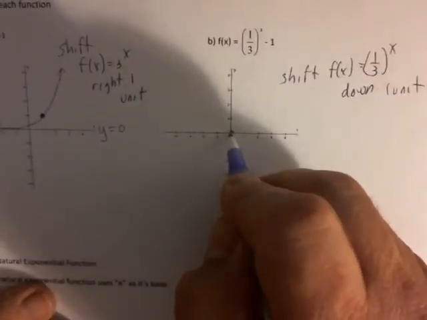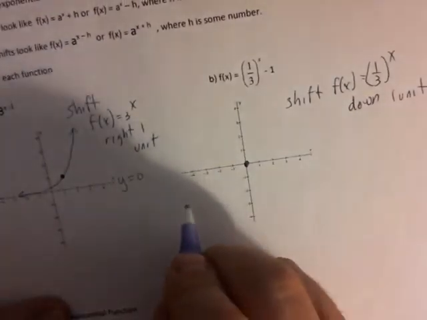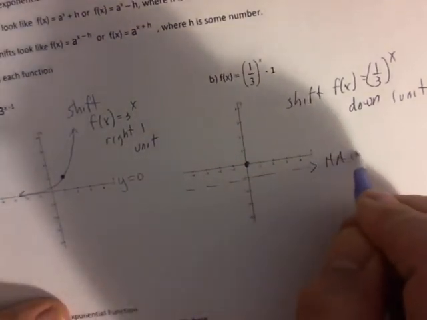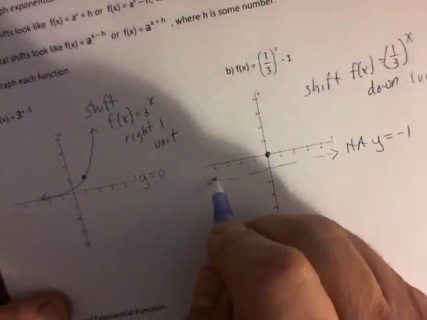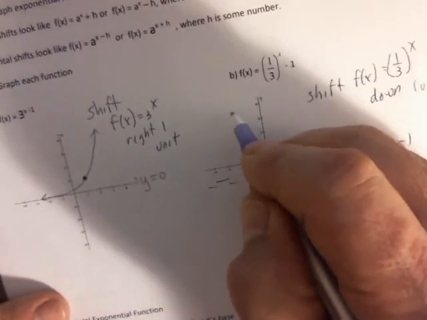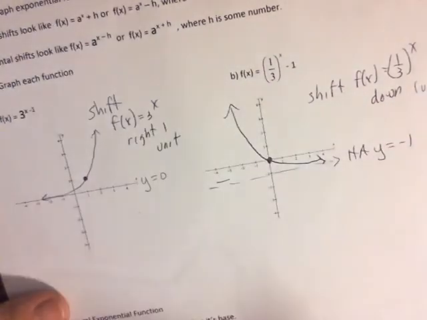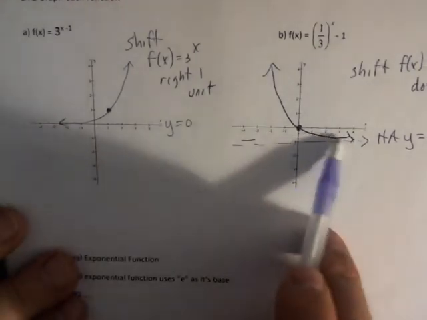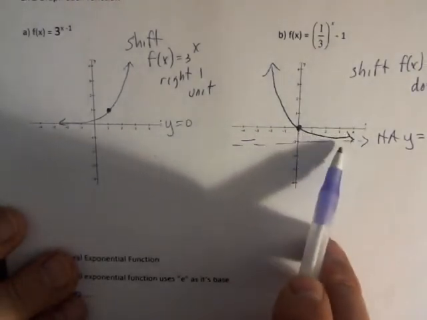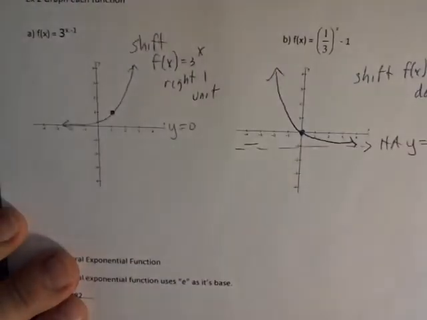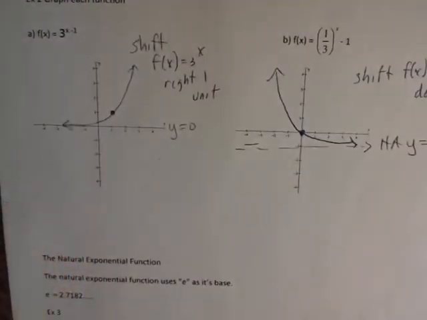So I just move the y-intercept down. I shift the horizontal asymptote down 1. And I just sketch it. Okay, so make sure when you draw these, it does not cross over your horizontal asymptote.